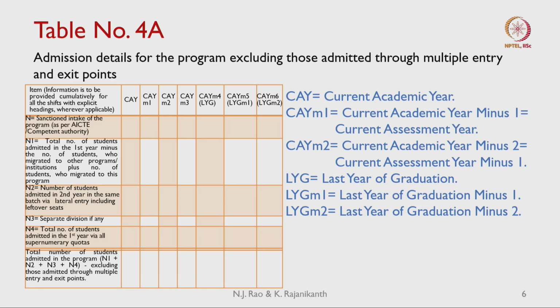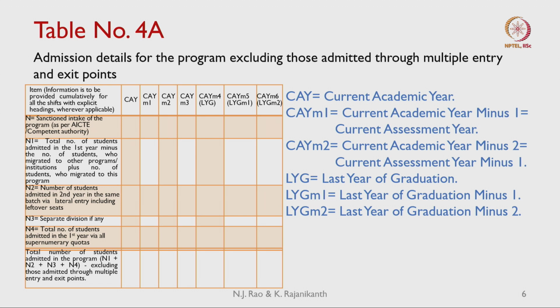So, in this table: admission details of the program, excluding those admitted or leaving through multiple entry and exit points. That we will capture separately. Here CAY means current academic year.